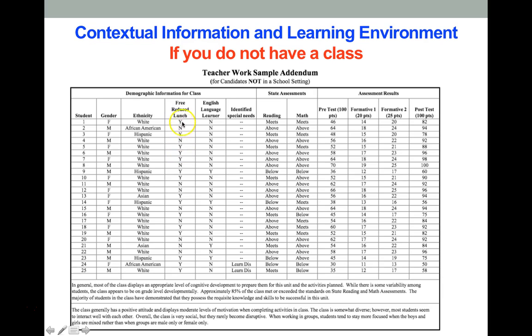It's not the best way to do it, but it's the way most schools decide who's low SES. This will list how many English language learners you have. If you have any identified special needs, and you have 2 in this class, both with learning disabilities, they gave you some reading scores above and below, math.